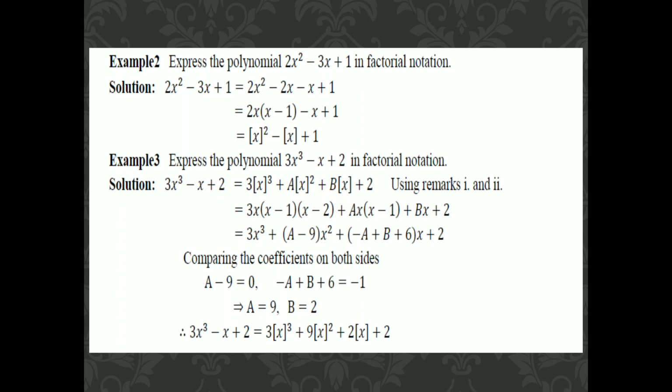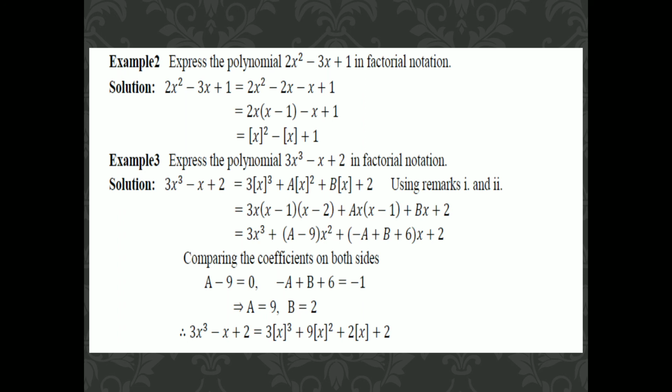The factorial x cube can be written as x into x minus 1 into x minus 2, so we get 3x into x minus 1 into x minus 2 plus a into x into x minus 1 plus b into x plus 2. Then we get 3x cube plus a minus 9 into x square plus minus a plus b plus 6 into x plus 2.